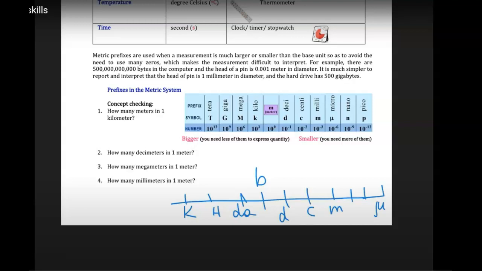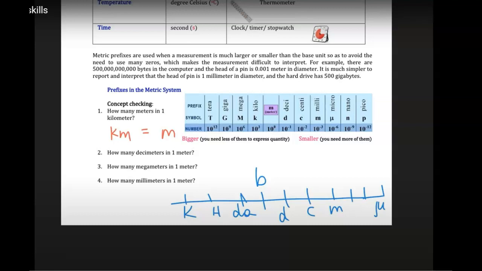So we have, how many meters in 1 kilometer? When you have a problem like this, write kilometer. Note that I put the prefix first, and then the base unit, meter, and put an equal sign. So you have to figure out what the ratio would be between them to be equal.